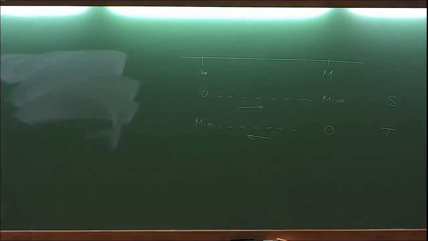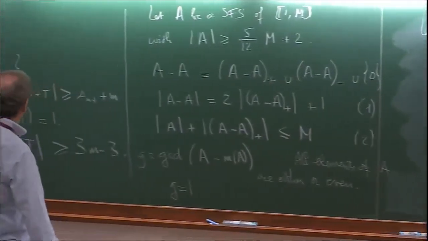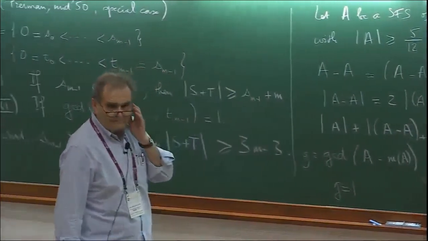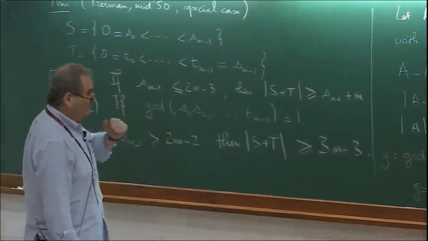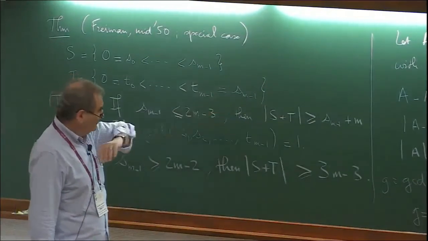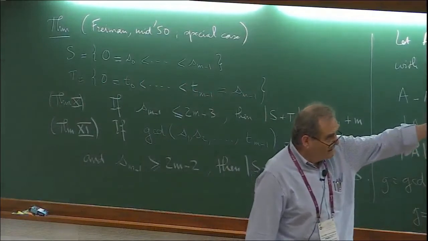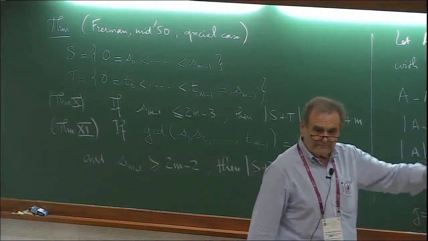Good. So now I am in a good shape, because S is something which has a certain number of elements. Little m will be the cardinality of M. The set T is fine too. It starts with 0. It goes to the same value. S of M will be capital M minus little m.